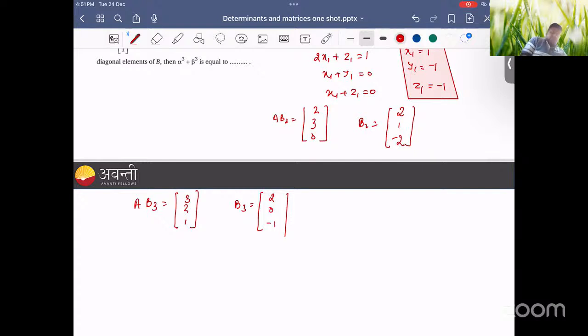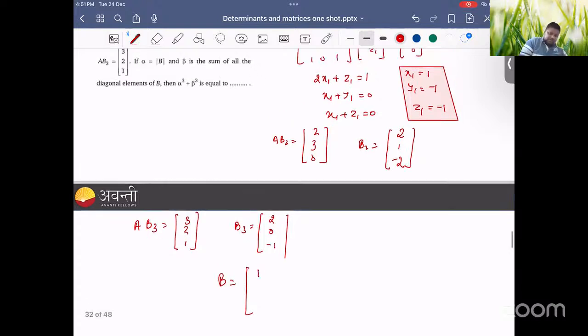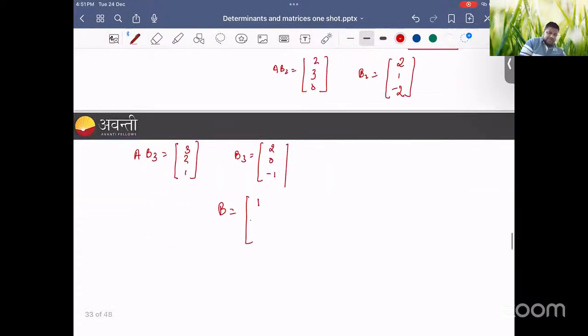So with this, you got B1, B2, B3. So you got matrix B. Now the matrix B has B1 as 1, minus 1, minus 1, then 2, 1, minus 2, then 2, 0, minus 1. Understood?